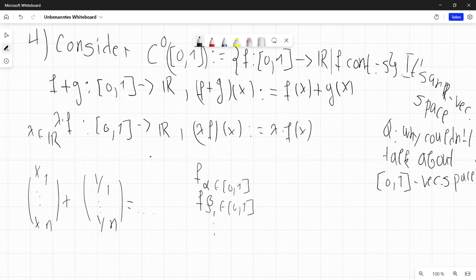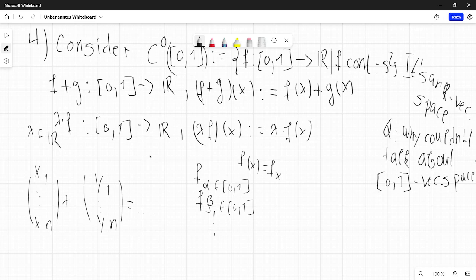You could say that f of some x in [0,1] is actually f numbered by this x. So f of x is like f with lower index x, and you could consider that really as a real number at some abstract position x in a vector whose positions are actually numbered by the numbers in the interval [0,1].